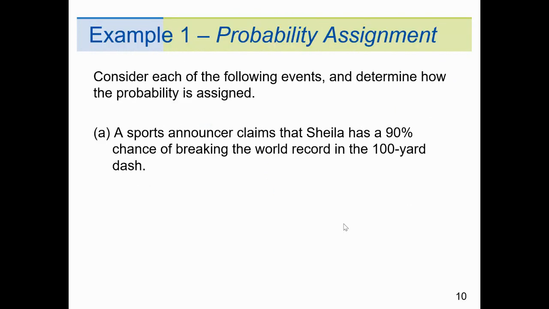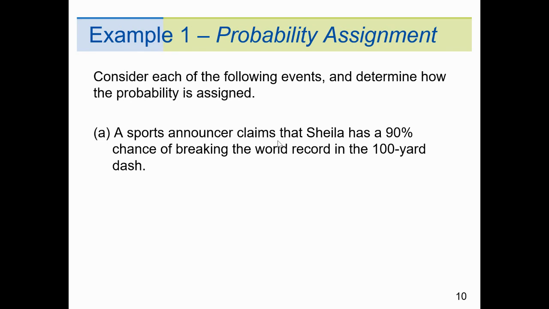50-50. Consider each of these following events and determine how probability was assigned. The sports announcer claims that Sheila has a 90% chance of breaking the world record on the dash. Well, perhaps the sports announcer has been following Sheila's last 4 or 5 different track meets, and he noticed that her times are getting better and better each meet.